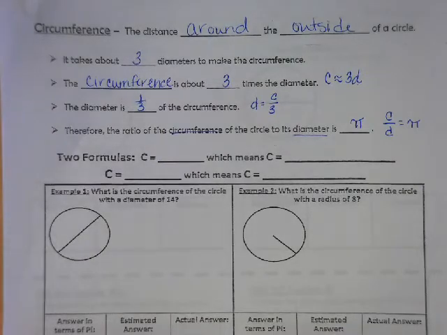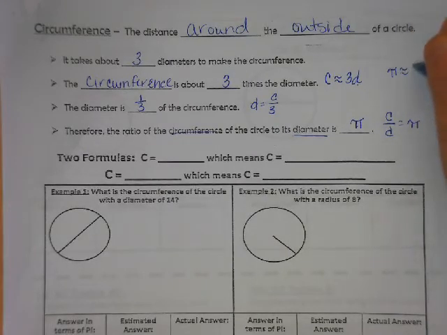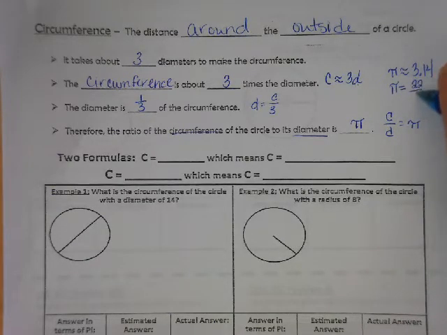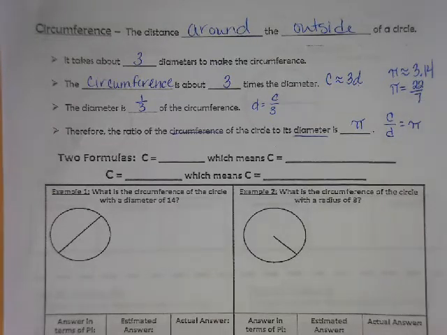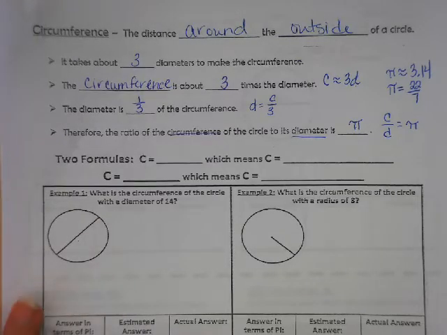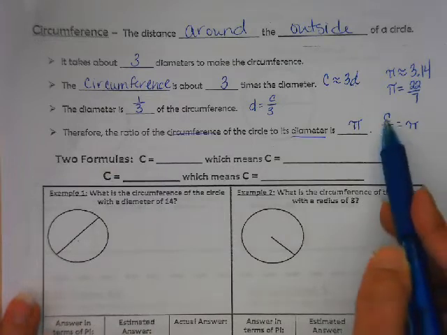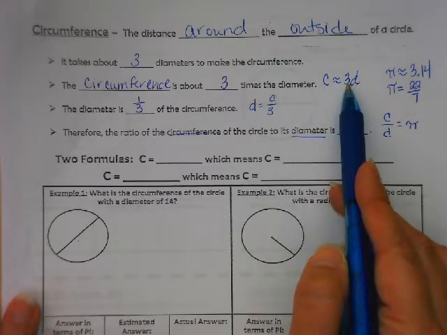The approximation for pi, we can say pi is approximately 3.14. You can also say pi is approximately 22 over 7. And we're going to talk about when to use 3.14 and when to use 22 over 7. So we have two formulas that we can use for circumference. If you're looking at this and this, we can replace 3 with what?